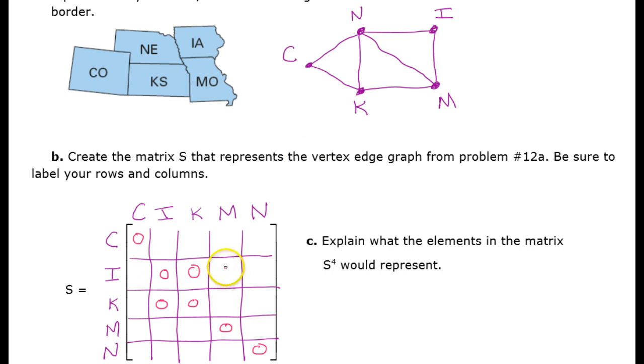Okay, so Missouri gets a 1 and Nebraska gets a 1. Okay, and we'll do it the other way as well. Iowa shares a border with Missouri and Nebraska. Always mirror images of each other. And of course it did not share a border with Colorado. So that's what these zeros represent.